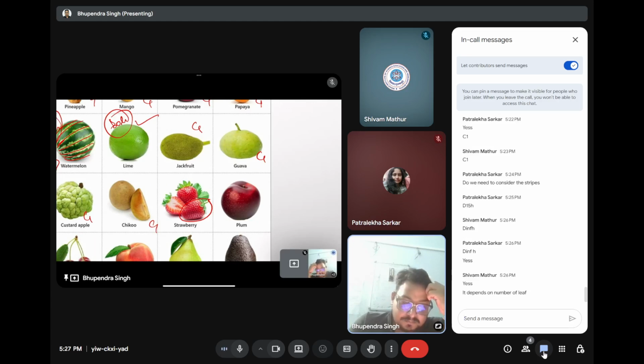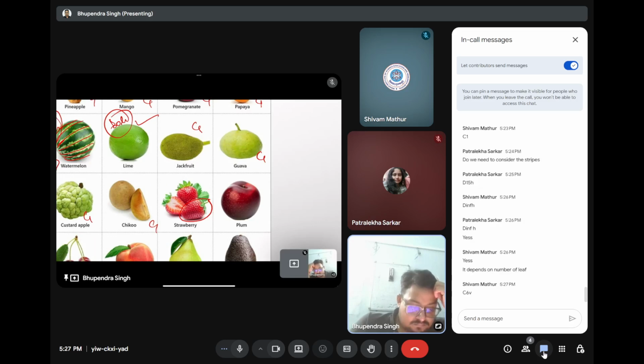It depends on the number of leaves. So let's say six leaves are there. Okay, nice.